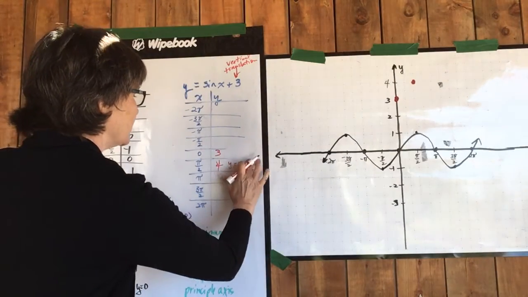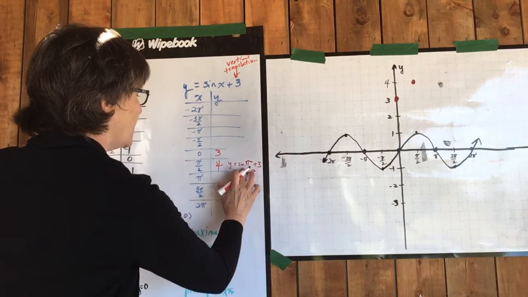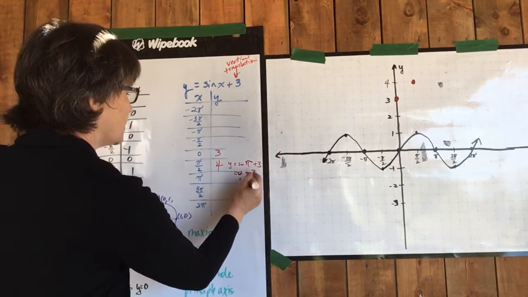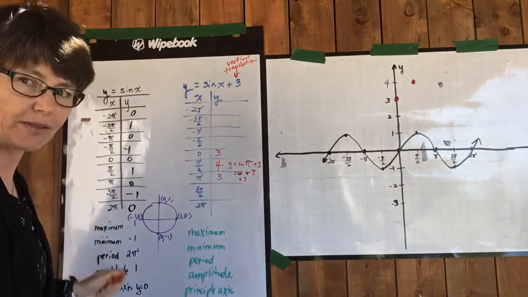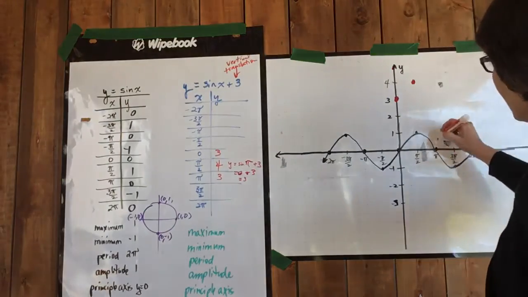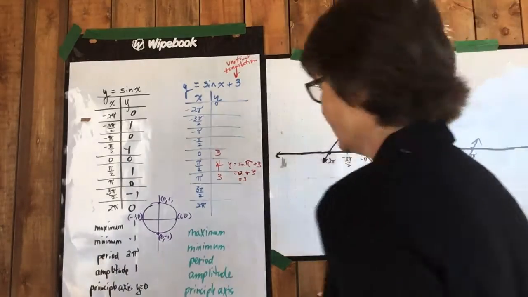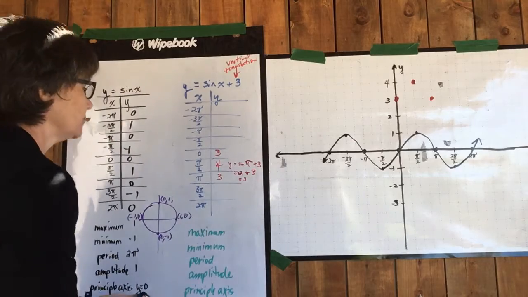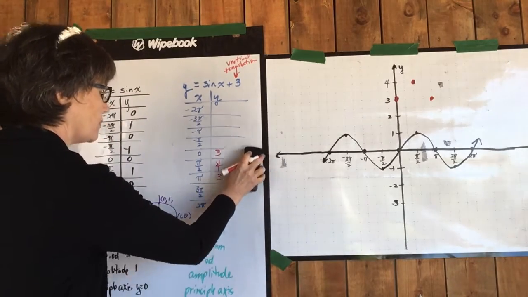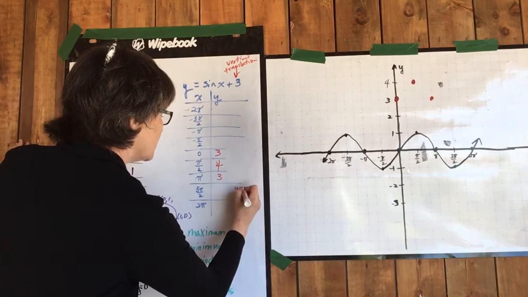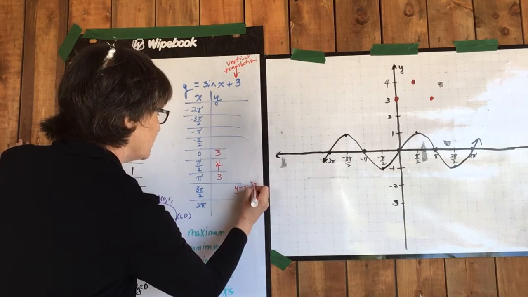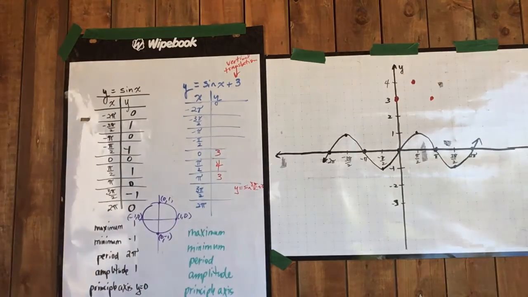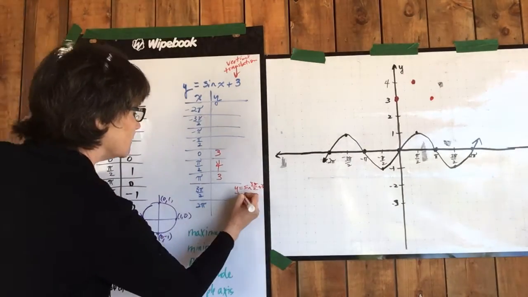Let's put pi in here. So the sine of pi plus 3, sine of pi is 0. So 0 plus 3 is 3. So (pi, 3) is another point on our graph. All right, 3 pi over 2. Y equals sine of 3 pi over 2 plus 3. Sine of 3 pi over 2 is negative 1.